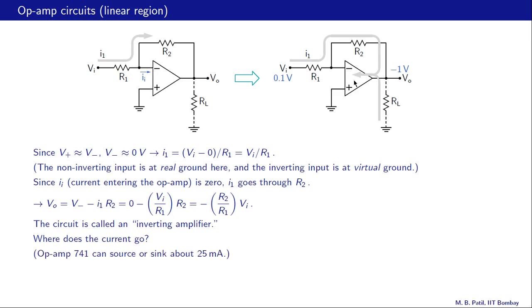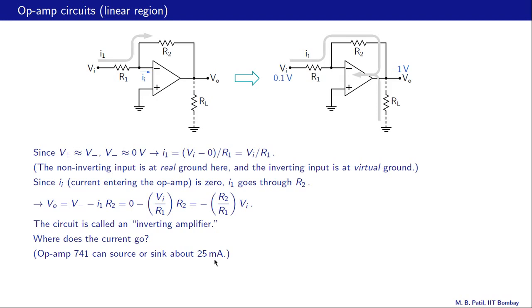And in this situation, we say that the op amp is sinking this current. And if the current was in the other direction, then we would say that the op amp is sourcing that much current. Now the 741 op amp can source or sink about 25 milliamps, not more than that.